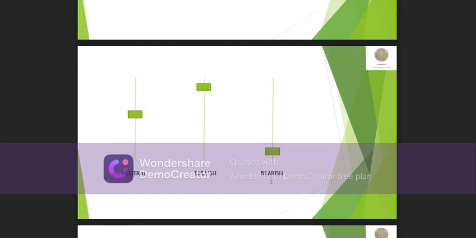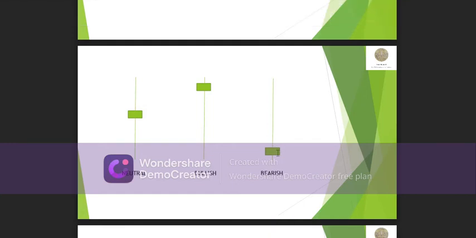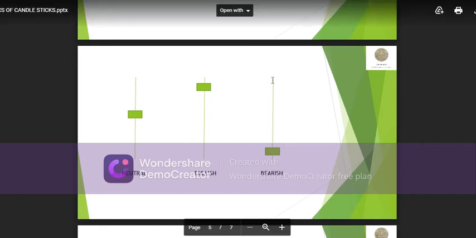Let us look at the third one. This is a bearish candlestick. Why? Because the price opened here, the buyers came in and said, yes, let us push this stock to a very high level. They pushed it here. But what happened? The sellers are so strong.